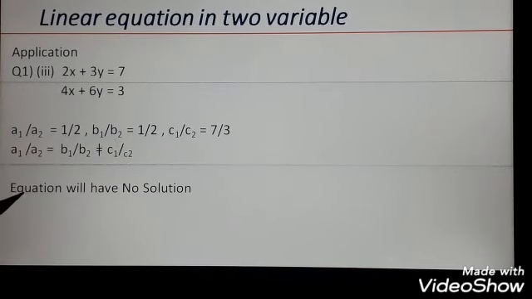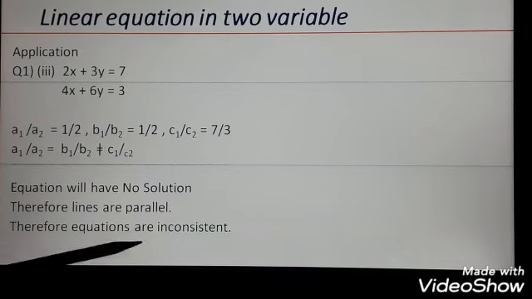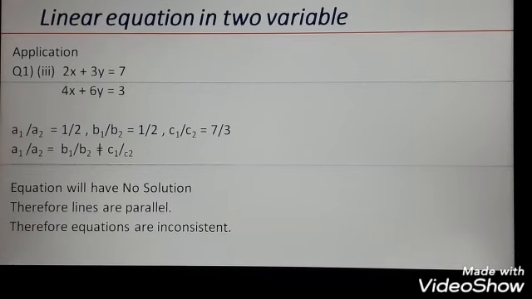So, the equations will have no solution, the type of lines will be parallel lines, and the type of equations will be inconsistent. So with these three applications, we have learned how to check what type of solution the equations will have, whether it will have a unique solution, no solution, or infinitely many solutions.